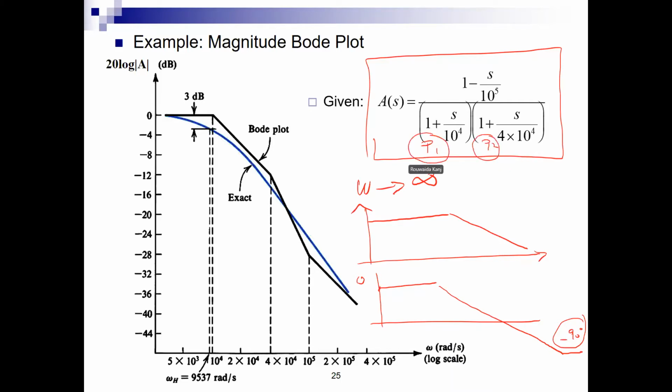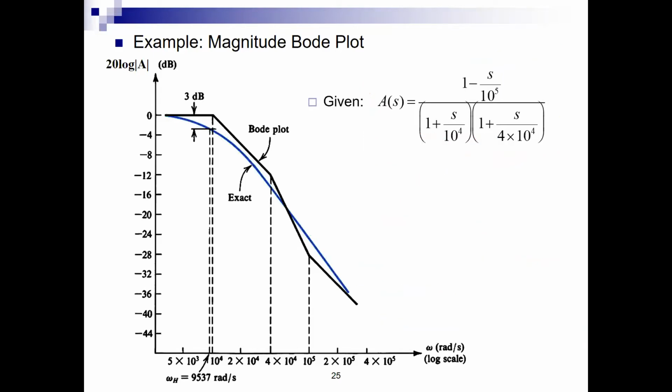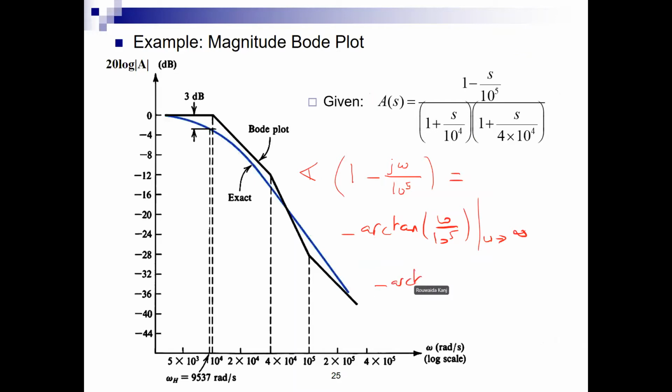What about the zero? If I have a term which is 1 minus j omega over 10 to the 5, what is the angle of this term? Minus arctangent. Yeah, minus arctangent. Okay, as omega tends to infinity, what does this tend to? Minus 90.